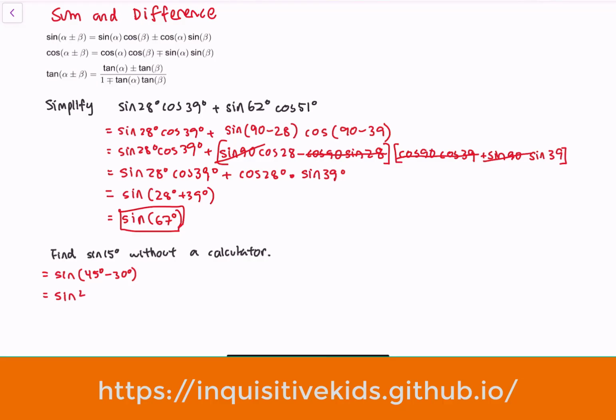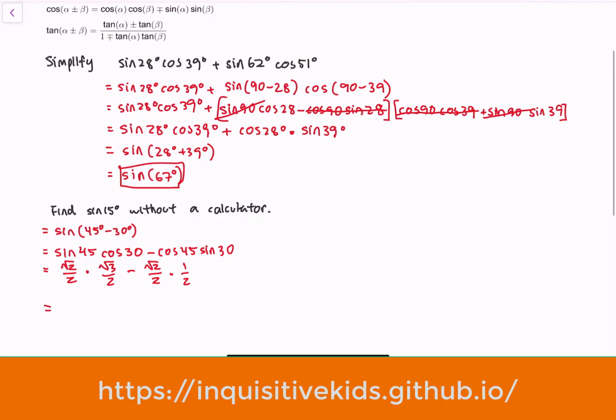Sine of 45 degrees times cosine of 30 degrees minus cosine of 45 degrees times sine of 30 degrees. And we already know what each of these values are. Sine of 45 is square root of 2 over 2 times cosine of 30, that's square root of 3 over 2, minus square root of 2 over 2 times 1/2.